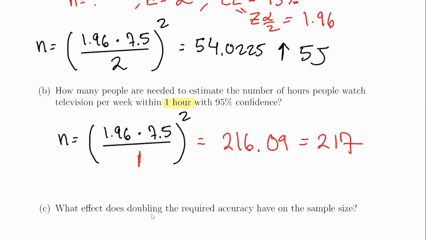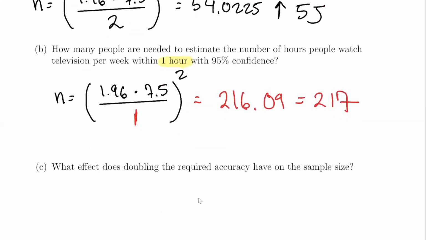So what happened to our sample size once we doubled the accuracy? Did it tell us that we needed a bigger sample size or a smaller sample size? Needed a bigger sample size.